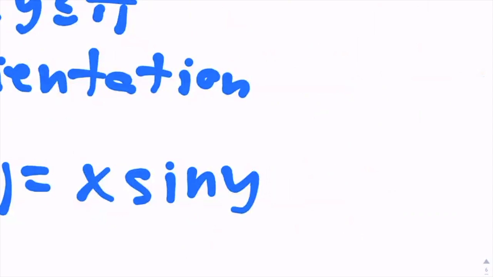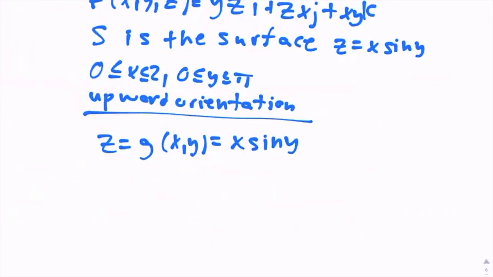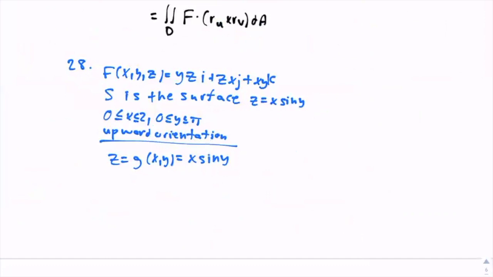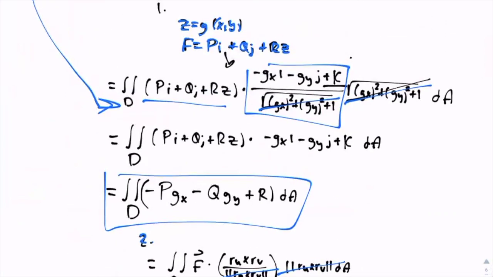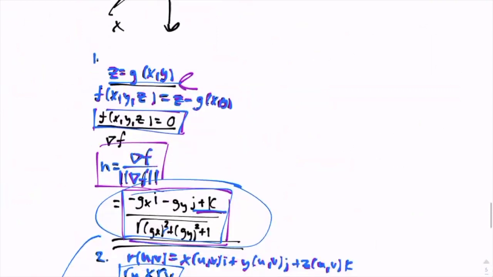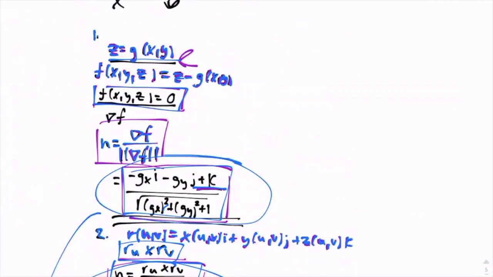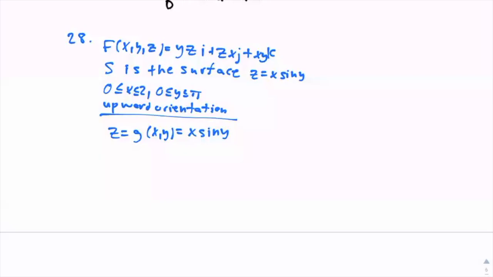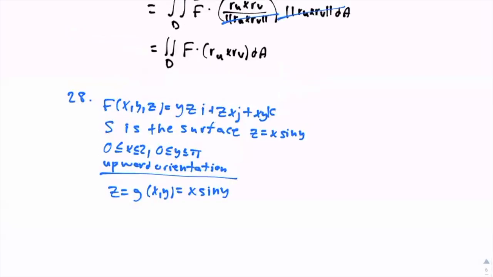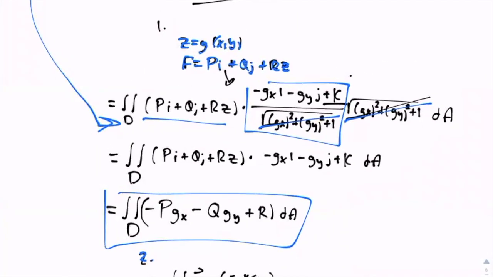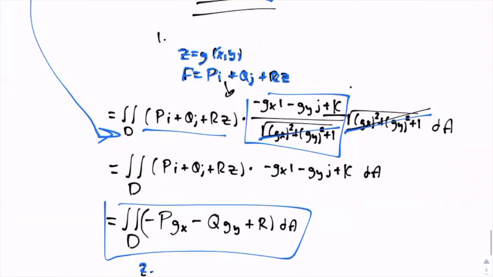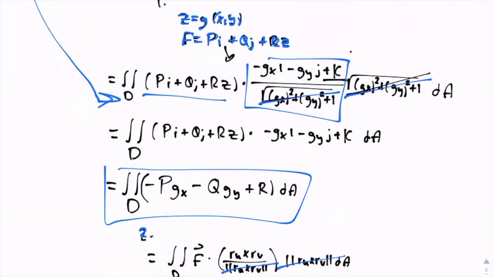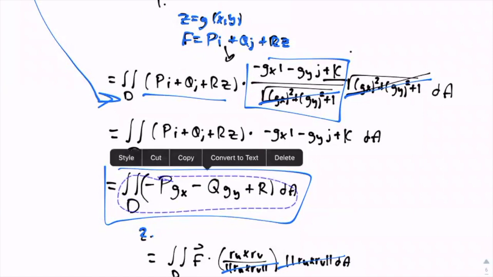We also have an upward orientation, meaning for our normal vector equation that we had up here, we're not going to have to take the negative or anything like that. So looking at what we have, the first variation of our vector surface integral makes the most sense, so I'm going to copy that equation down here.